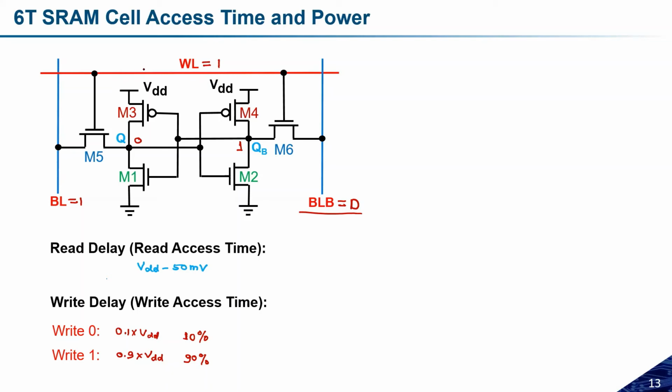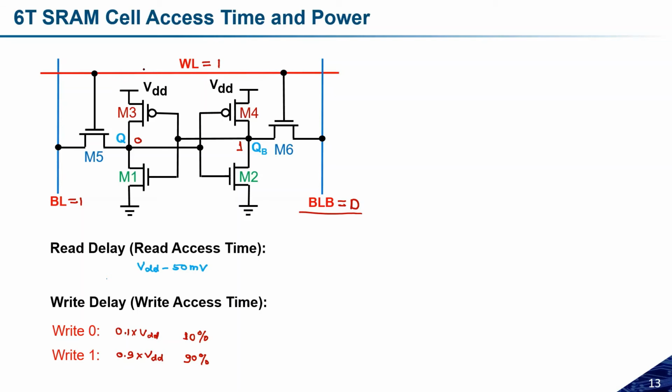Suppose I want to perform write 1 at storage node Q, then I have to charge BL to 1 and discharge BLB to 0, right? So first we have to do that. Otherwise, once you have activated the word line and then you try to charge BL and BLB, the time taken to charge them will also be included. So we do not need to consider that.